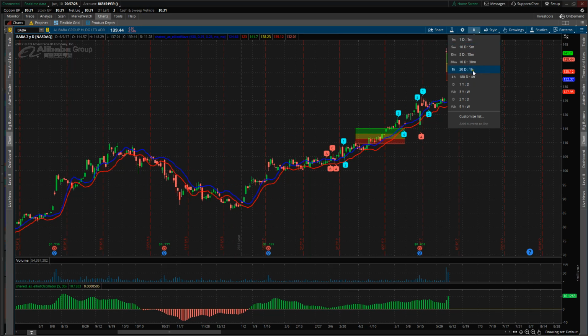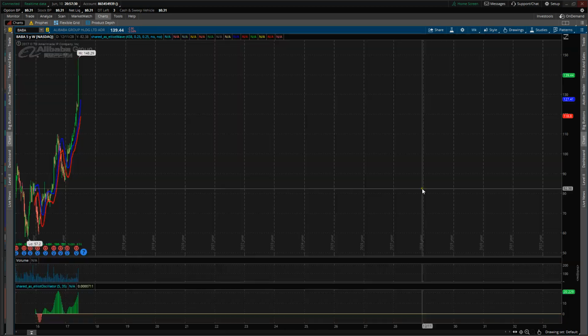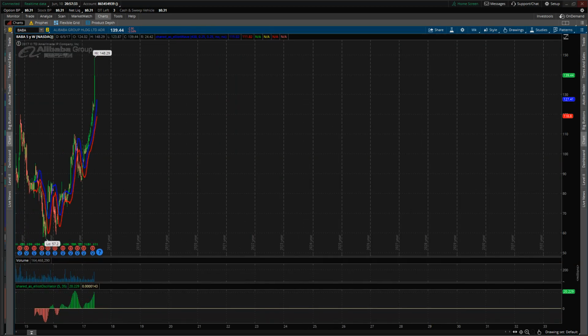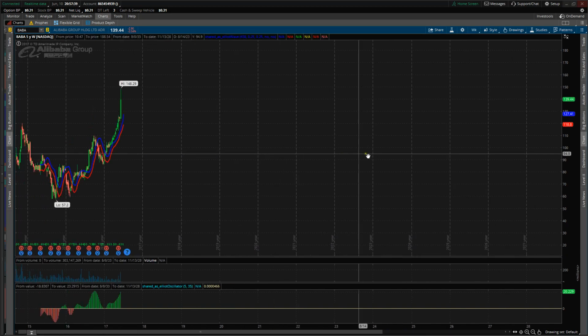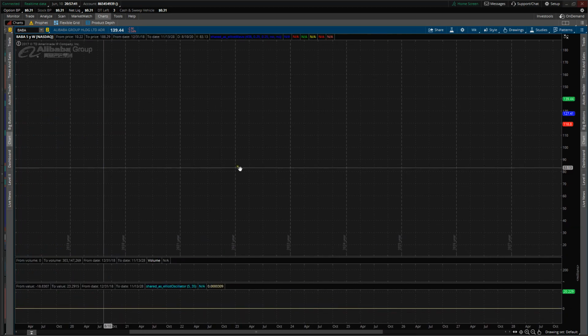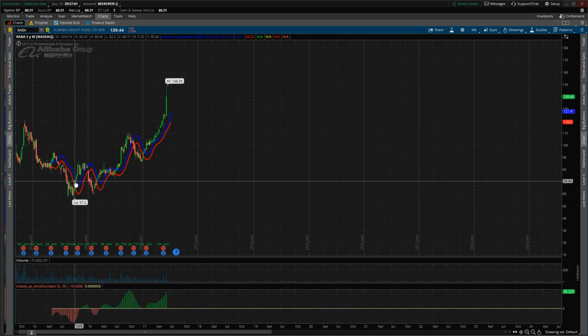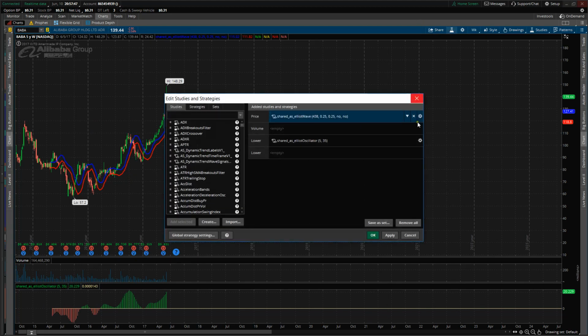We can look at it on the weekly to see what the overall picture is. We'll isolate the wave count at this low, which is 55.